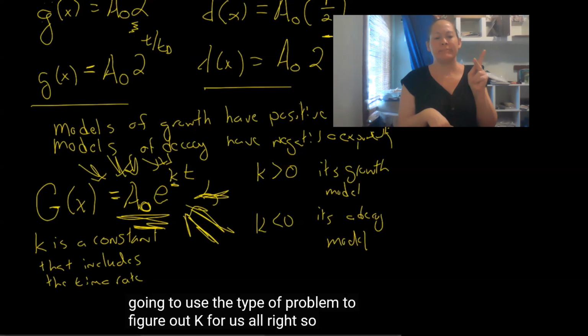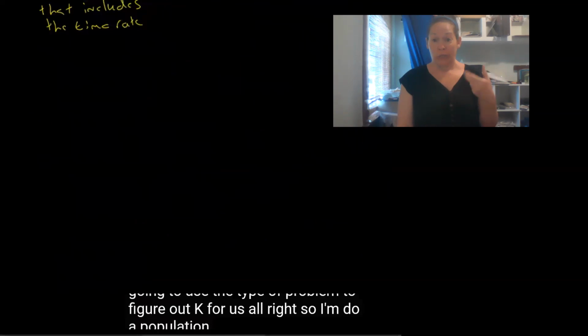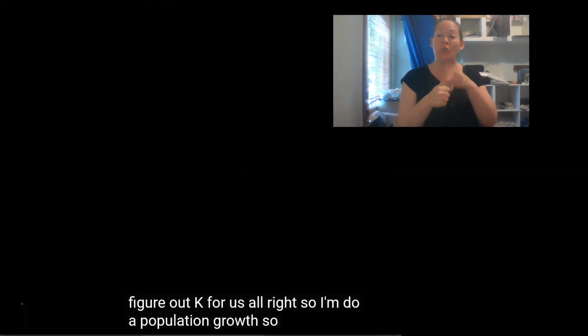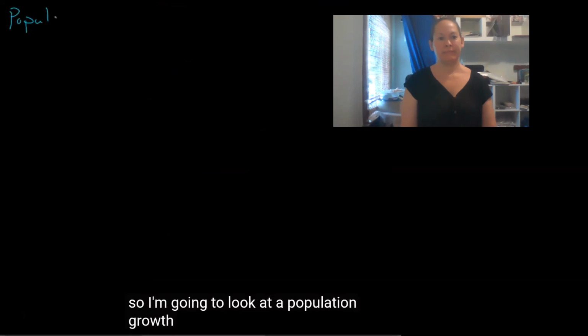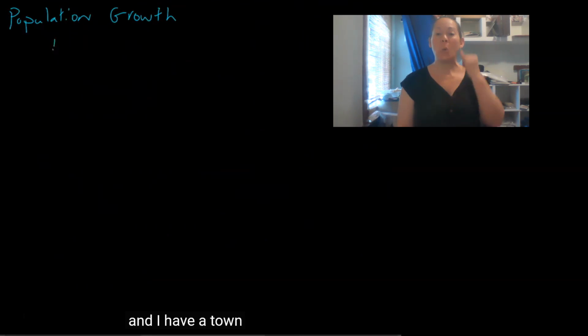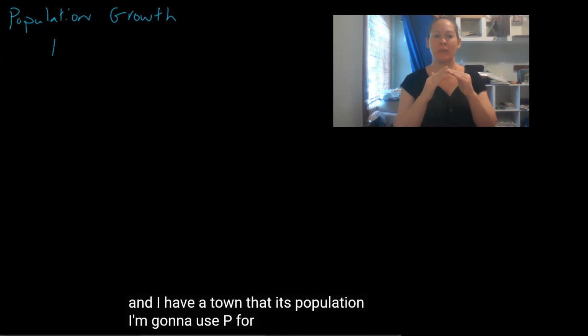All right, so I'm going to do a population growth. So let me change colors here because that yellow was hurting my eyes. So we're going to look at a population growth. And I have a town that its population, I think I'm going to use P for population.